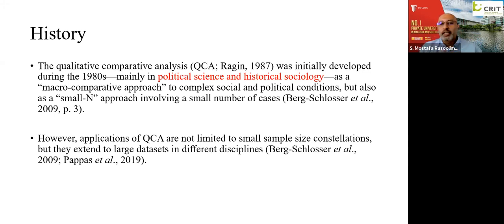And in qualitative research, we don't work with large sample sizes. We always work with small samples, right? So this method originally was developed for small samples and for qualitative work. But later, this method was extended to quantitative research by application of larger sample sizes and larger data sets.